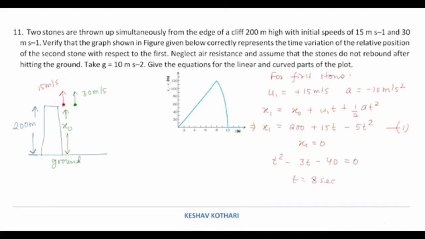This is the reason why in the graph till 8 seconds we are seeing a particular type of graph, after which the nature of the graph is changing. Since the stone was projected at t equal to 0, we have taken till t equal to 8 seconds.